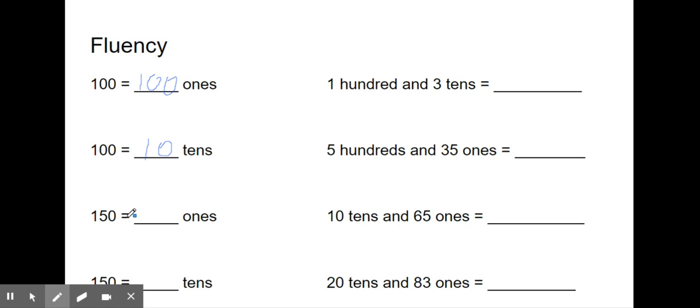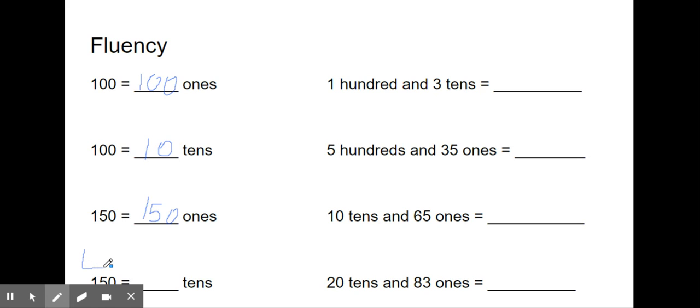150 equals blank ones. We know that in 150, there are 150 ones. 150 equals blank tens. Don't get tricked just because there is a 5 in the tens place. Remember that we are also going to have to convert the 100 into tens.